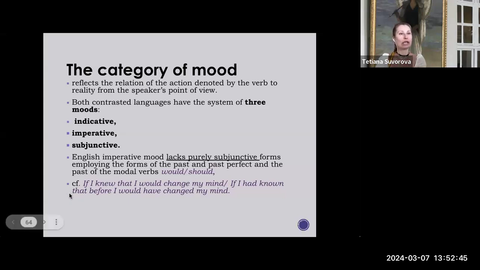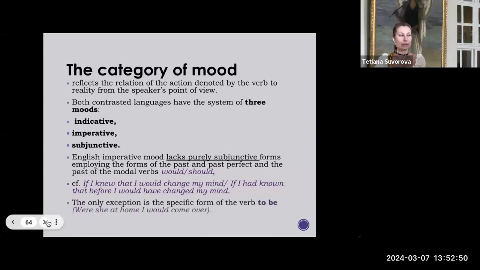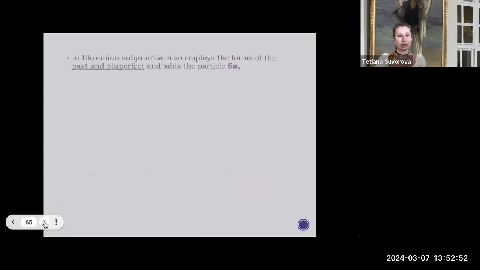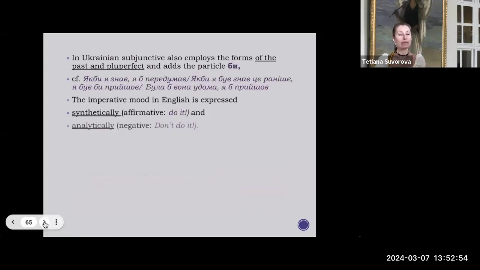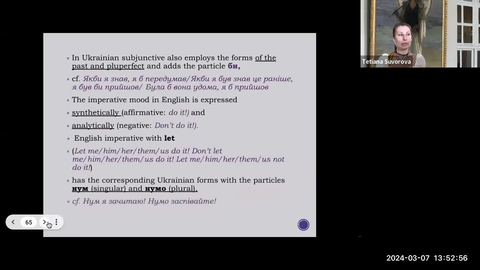Without them, we cannot communicate. And that is why we will continue, of course, speaking about it, because we haven't covered all of them. So the main thing here is that most categories correspond in both languages, but there are some nuances because the languages are different. English is analytical, Ukrainian is a synthetic language.